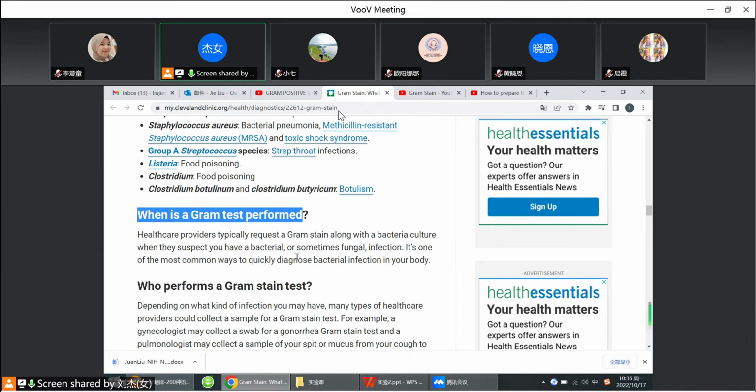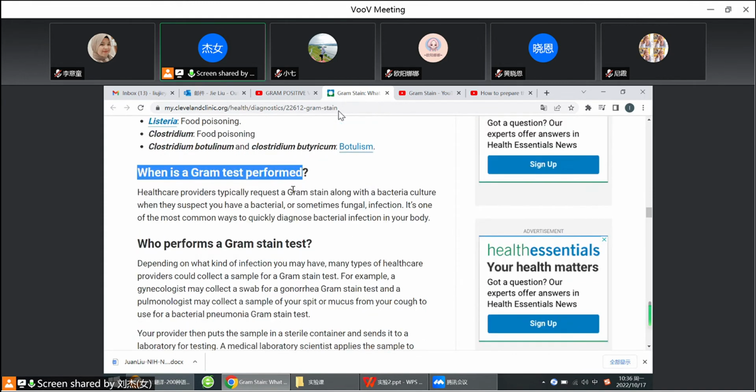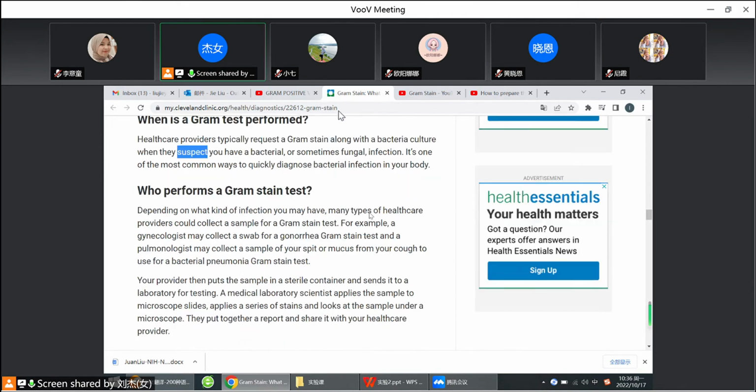So it's one of the most common ways to quickly diagnose bacterial infection in the body. So when the doctors suspect that you may have a bacterial infection, it's better they collect some samples and then do the gram test.